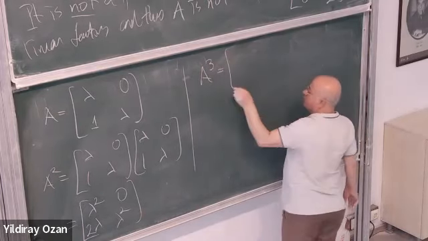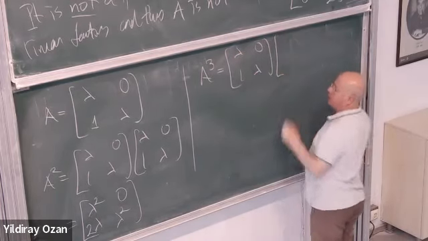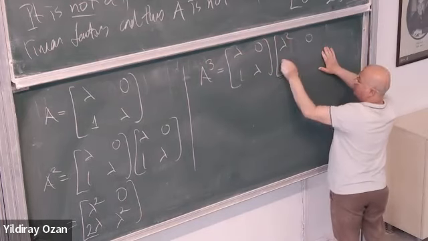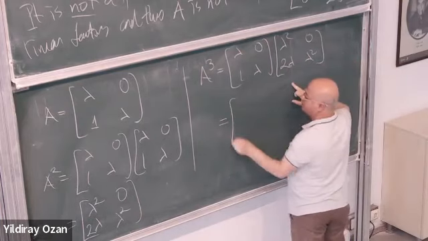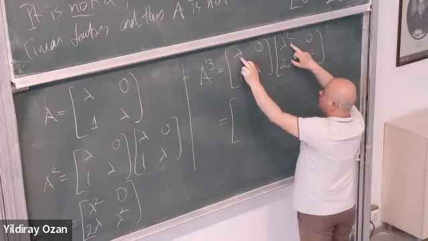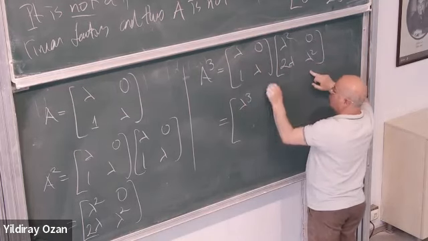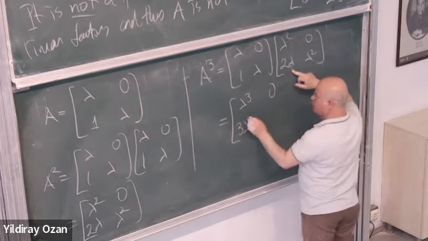What about A cubed? It is just lambda, 0, 1, lambda, and then A squared is this. And what is this? Lambda cubed, 0, 0, lambda squared, 2 lambda squared, so 3 lambda squared.